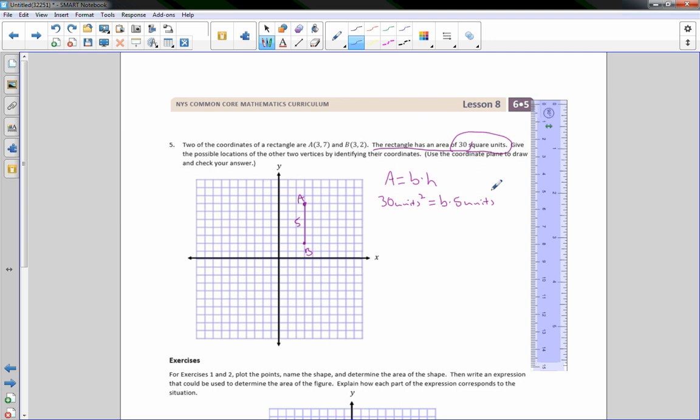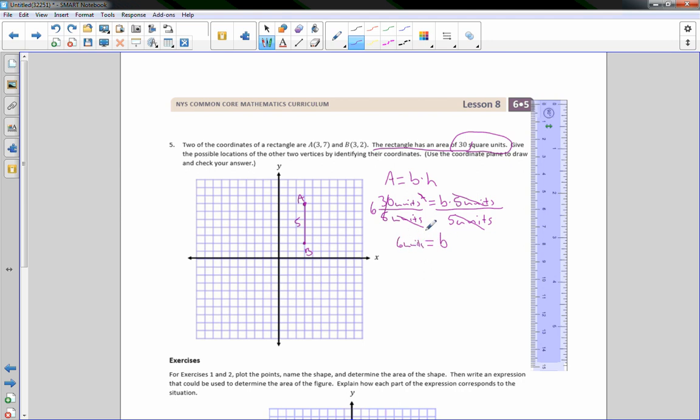In order to get B by itself, I want to divide by that 5 units to get B alone. We're isolating the variable, so the 5 units cancel. If I divide 5 units on one side, I have to do it on the other. The units will cancel, and the 30 and the 5 will become 6. So in other words, B equals 6 units.